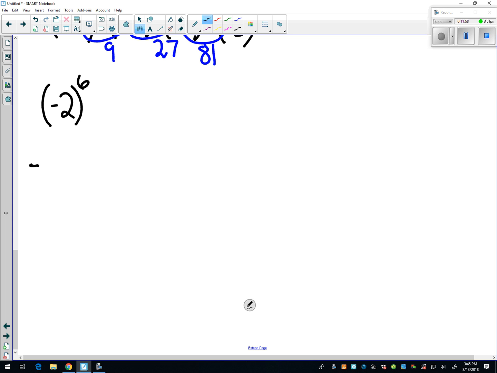That means negative 2 times negative 2 times negative 2 times negative 2 times negative 2 times negative 2. Now, that probably got really annoying hearing me say negative 2 over and over. That might help you understand why we use exponents to make that a little easier to say.